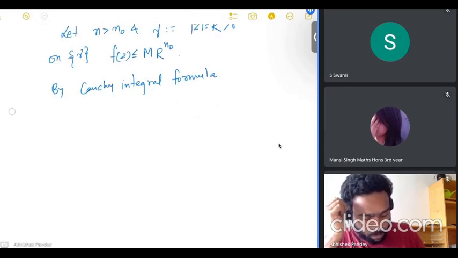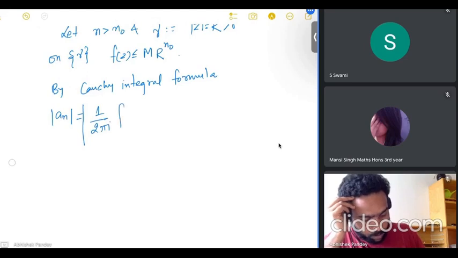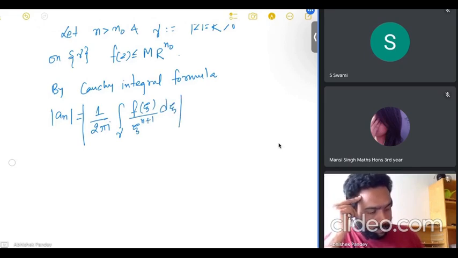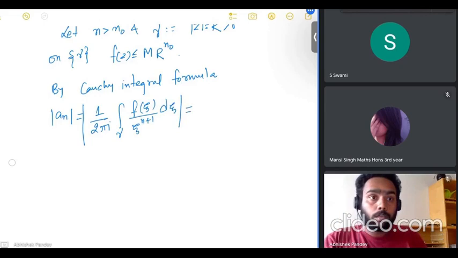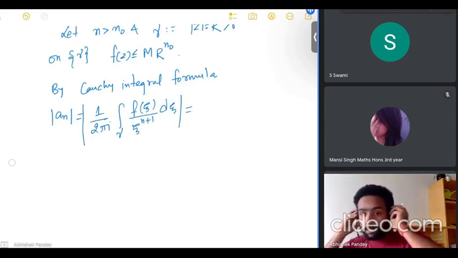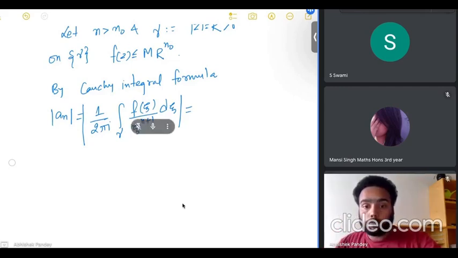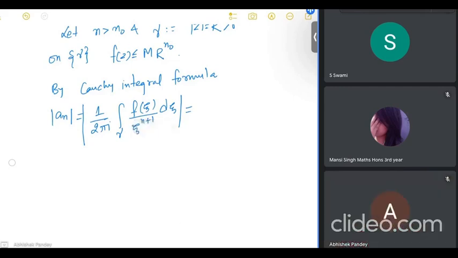Okay, now by Cauchy integral formula, what do we have? Mod of a n is basically equal to 1 upon 2 pi i integral over gamma f of psi upon psi to the power n plus 1 d psi.